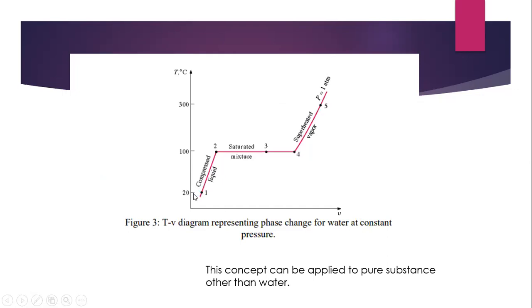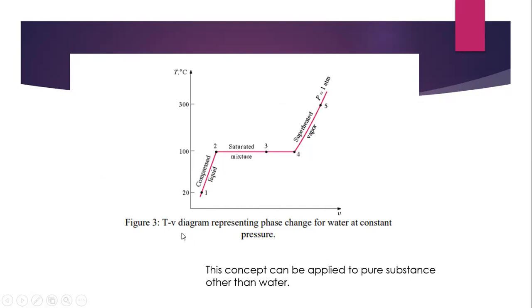These five transition states can be expressed with the help of the temperature-volume, the T-v diagram, as illustrated here in the present slide. The y-axis represents the temperature, and the x-axis represents the specific volume of water.